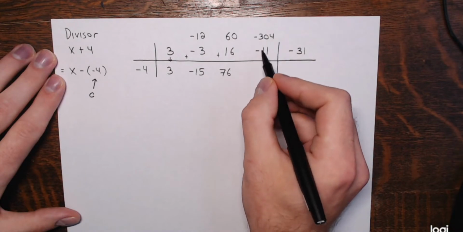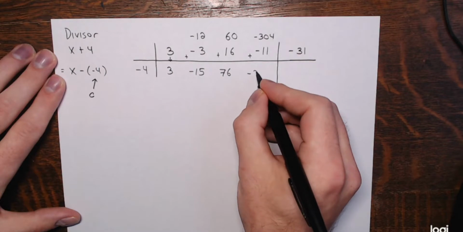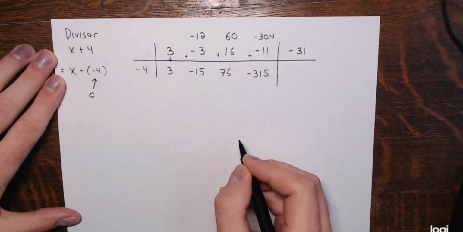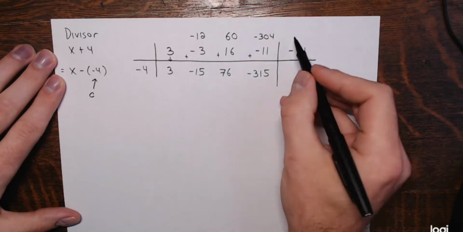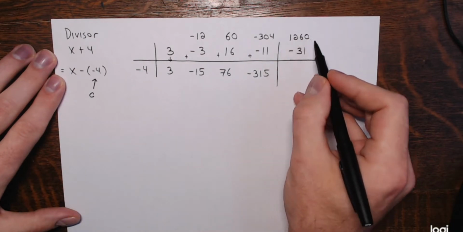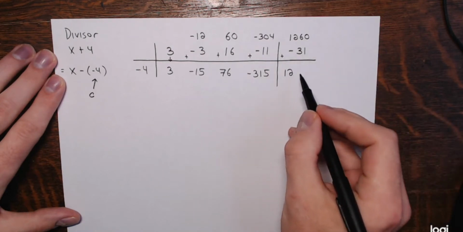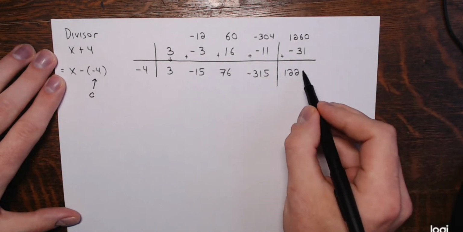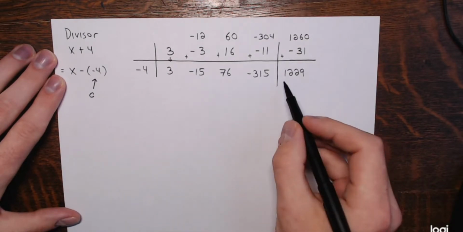And then add, well, this becomes more negative, negative 315. And then negative 4 times negative 315 would be positive 1260. And then add, basically to subtract 31 from that, that'd be 1229. And there you go.